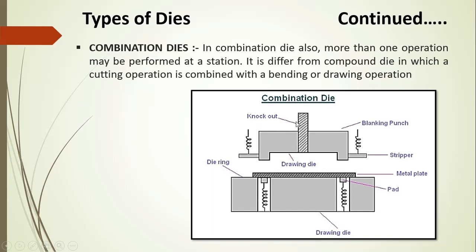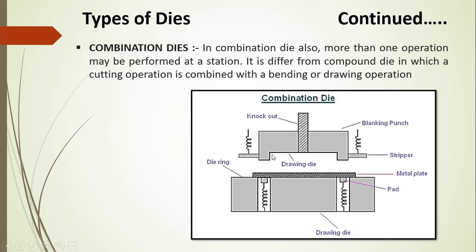Whenever we apply the punch to the sheet metal, this portion and this portion will come to these holes which are loaded with springs, and the part available from this line to this line will take a shape that way.